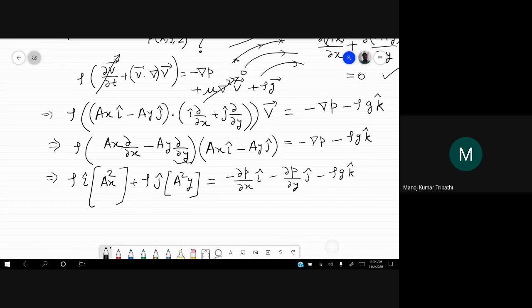And there is dou p by dou z k cap also, because that is the entire gradient of pressure. Now in k direction, the left hand side is 0. So dou p by dou z can be equated with rho g. That will be the equation for k direction.